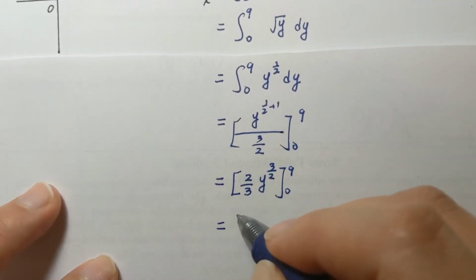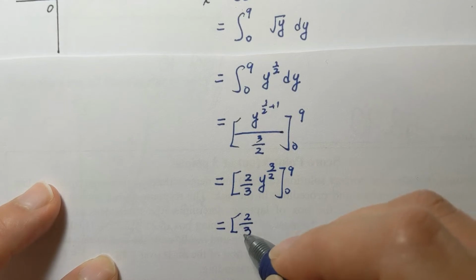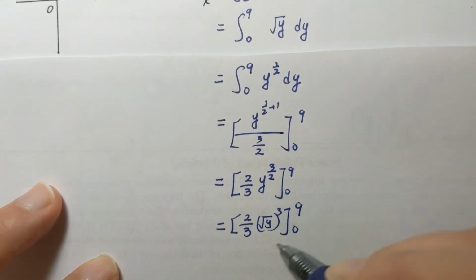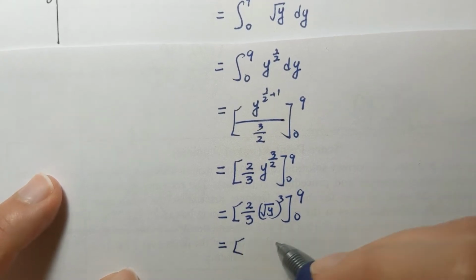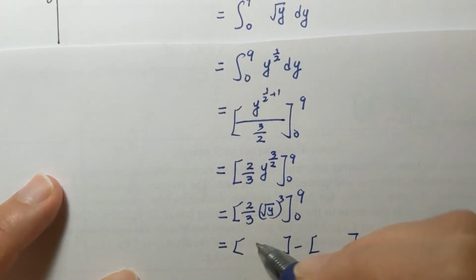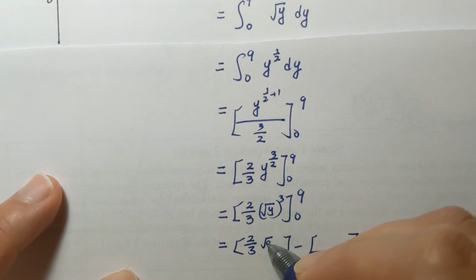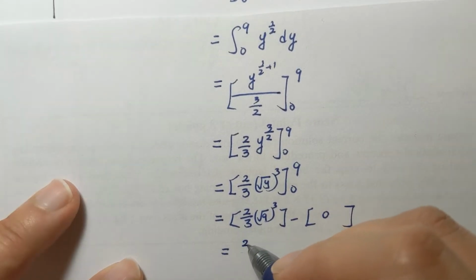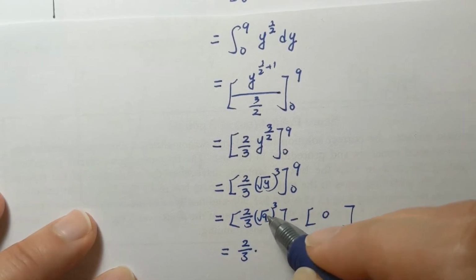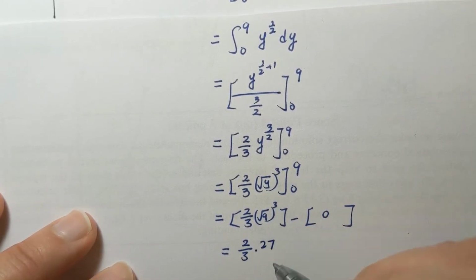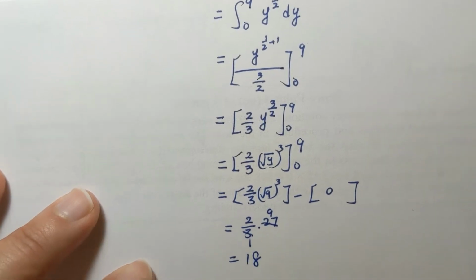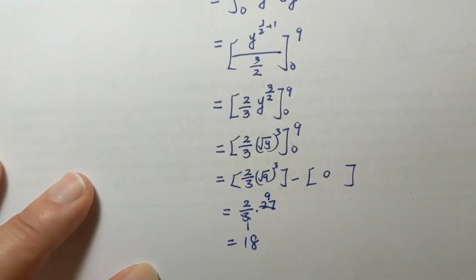Okay, so we're going to rewrite it, and then substitution. So 3 to the third power. So we finished. So the answer is 18.